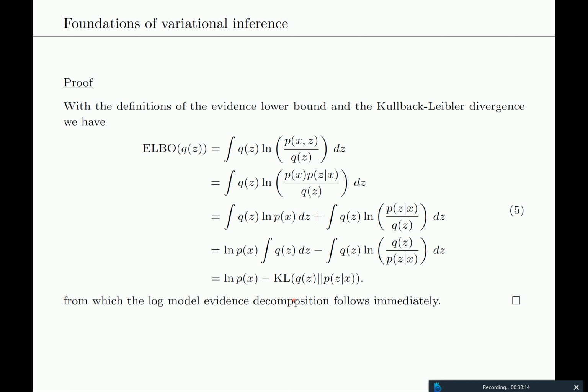So one of the most important ingredients of variational inference is the KL divergence, but variational inference is not restricted to using it. There are papers about using non-KL dissimilarity measures, and hence other forms of ELBOs, so that this log model evidence decomposition still holds.